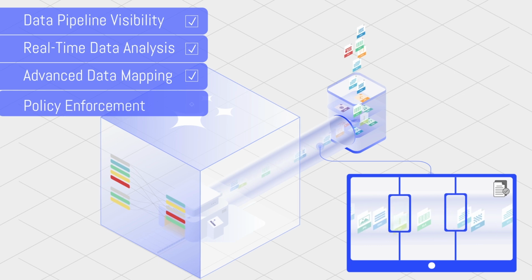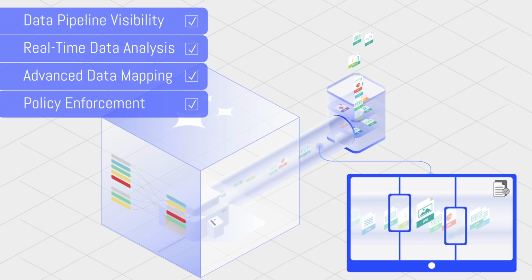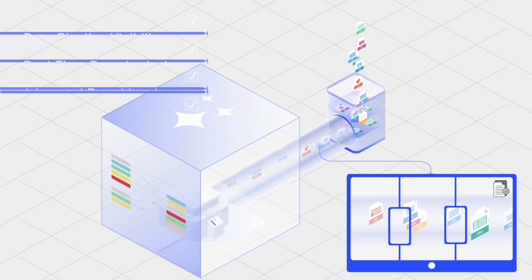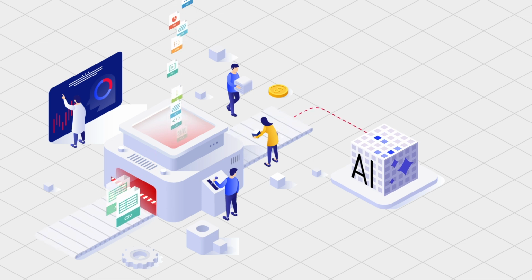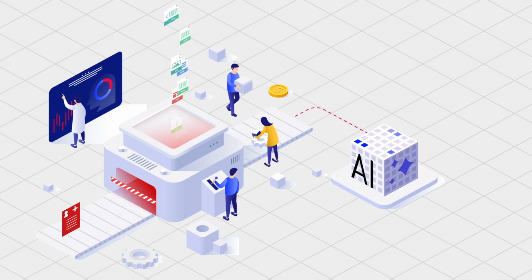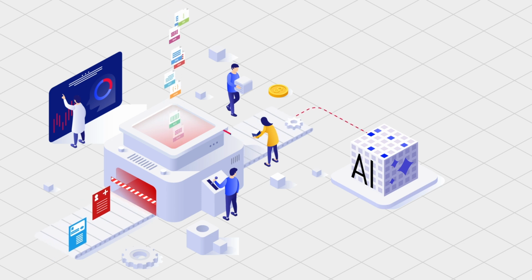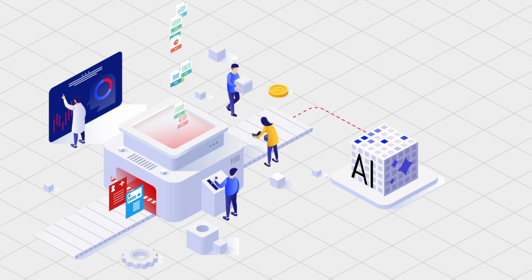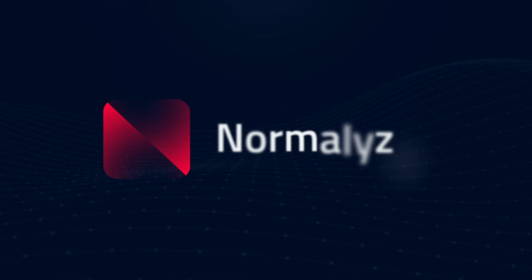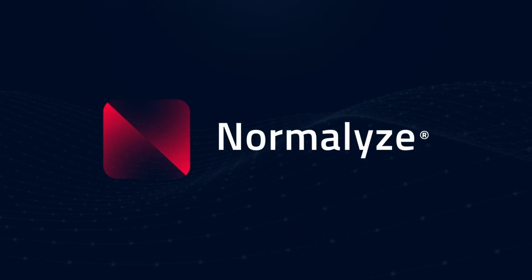Policy enforcement: facilitate the enforcement of access governance for sensitive data. By preventing sensitive and confidential data from being exposed to your AI and LLM models, Normalyze lets you safely and securely deploy AI and LLMs. With Normalyze, you can screen your cloud and on-prem data stores for sensitive data that can be accessed by LLMs.